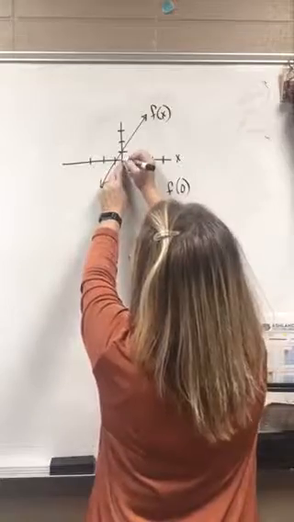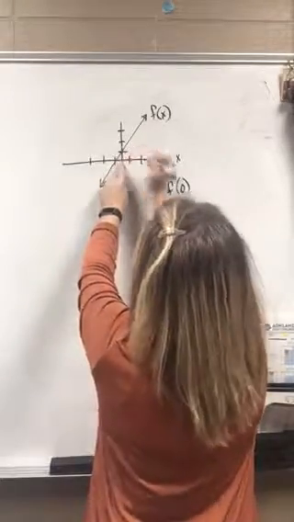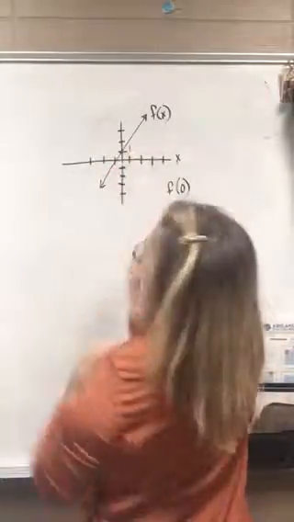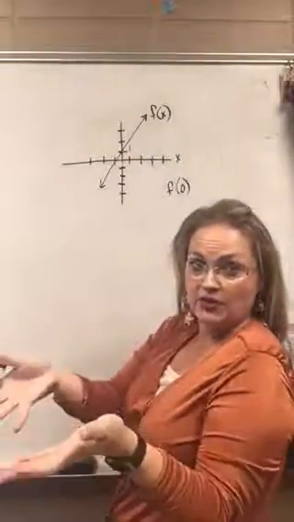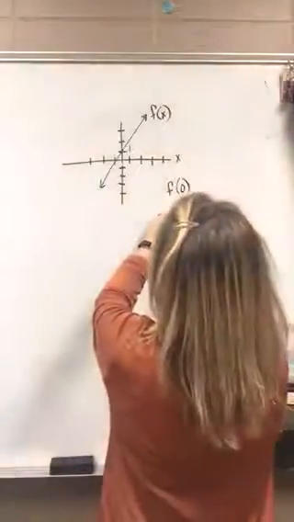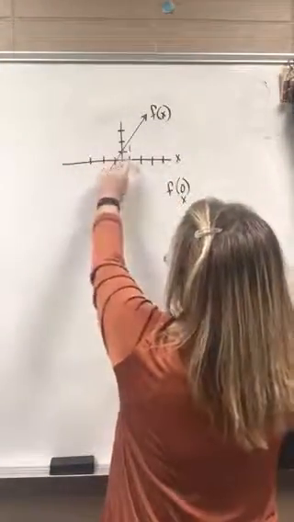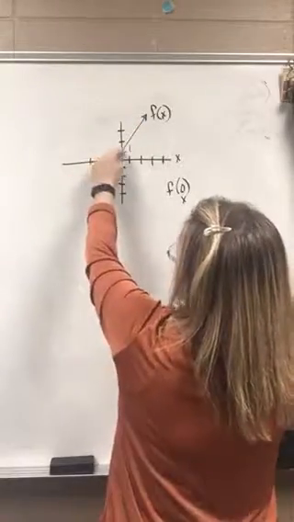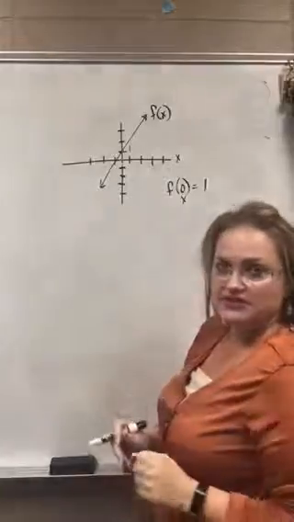Here's x is 0. What is the y answer? If you had the equation and you plugged in 0 for x, you would have got 1 for y. But here we have the graph, so it's got the answers graphed out for us. So again, go on the x-axis to 0 and see where it hits the graph. It hits it at 1. So we say f of 0 is 1.